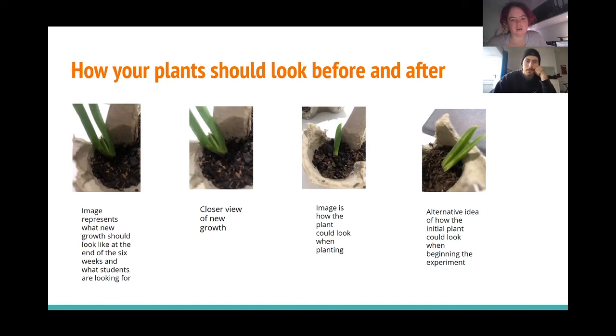In doing this, personally, I watered these once a day with 1 tablespoon of water in the morning, and then I left it in a cool environment. I left it in my study so that I could control the environment it was in. And these are just some examples of how your plants will look and what you're looking for.